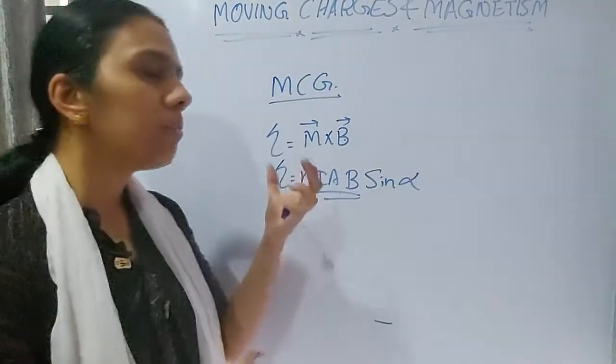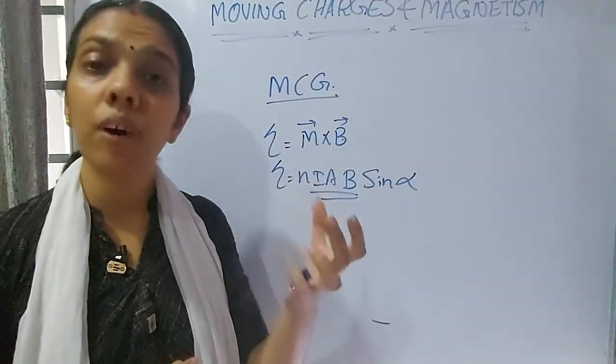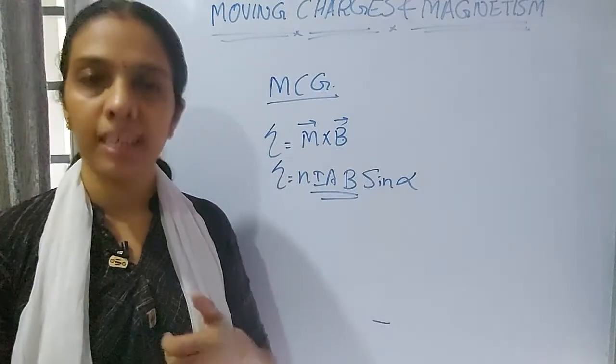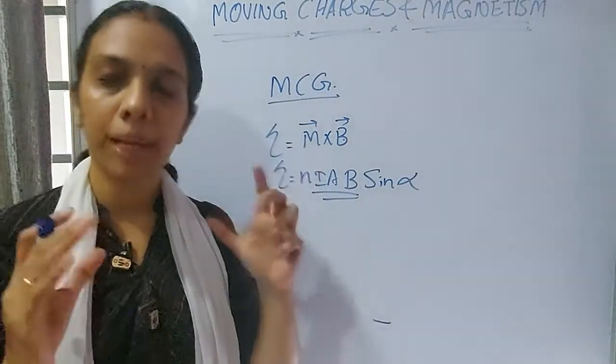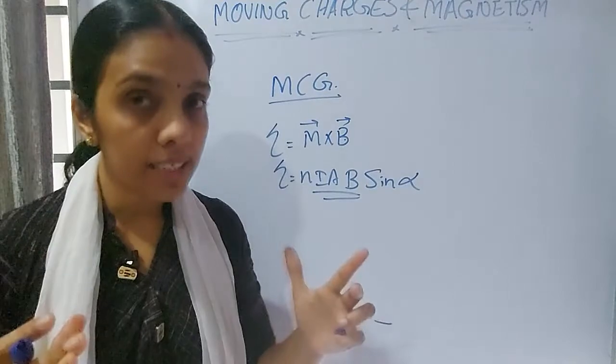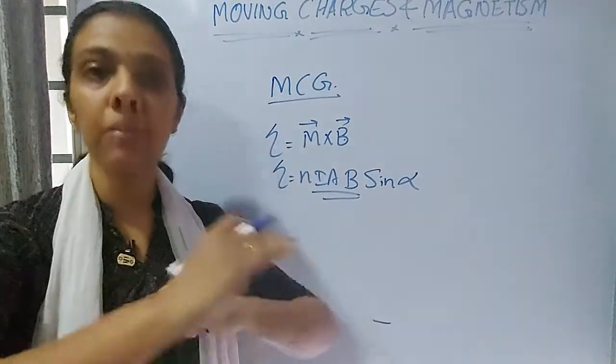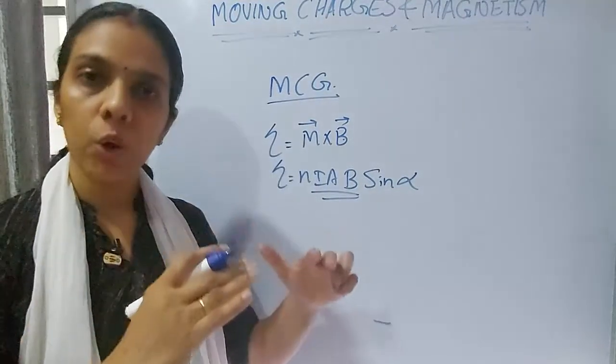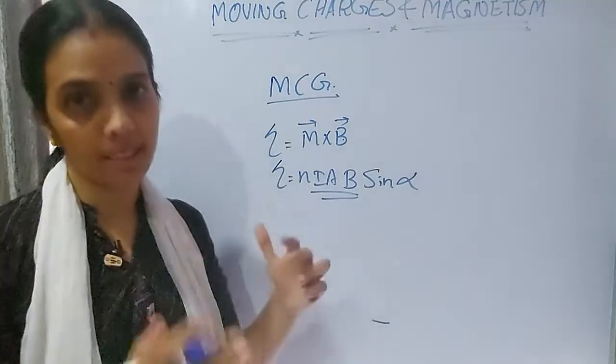So, if we consider this alpha as 90 degrees, that is, the plane of the coil and the magnetic field are in the same direction, the plane of the coil is parallel to the magnetic field.